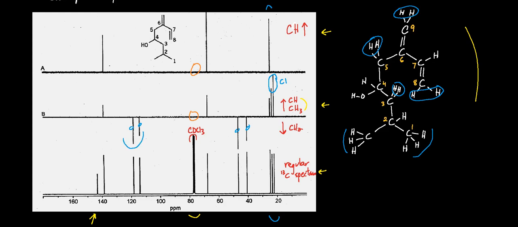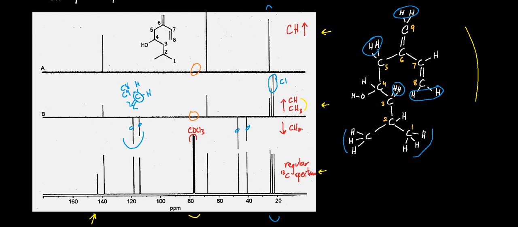Those must be 8 and 9. I'm calling this 9. Because they're alkenes. So the chemical shift values are still here, right? Still usable. Again, we don't know which one's which, but we're looking at C8 and C9 there.